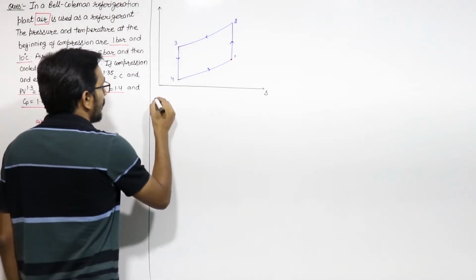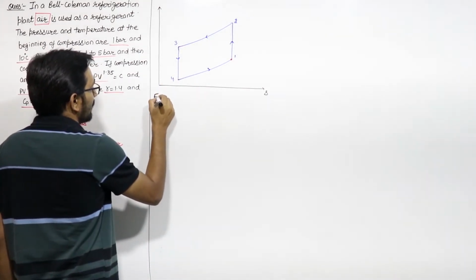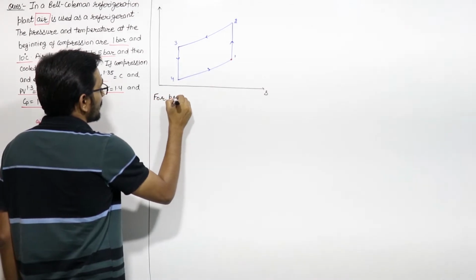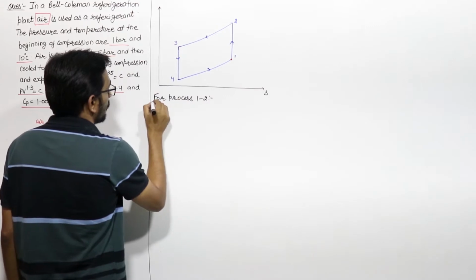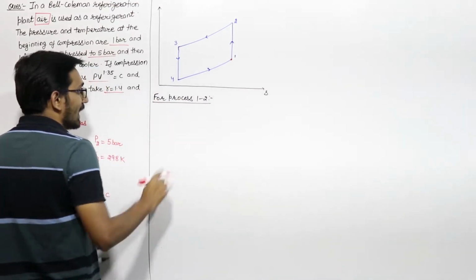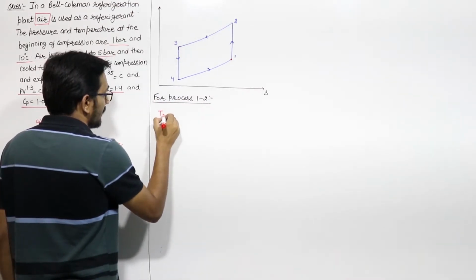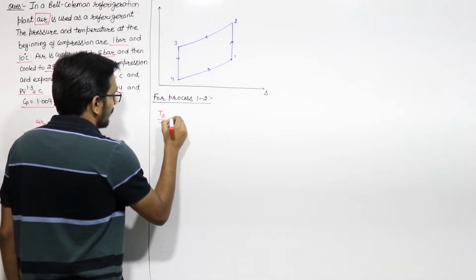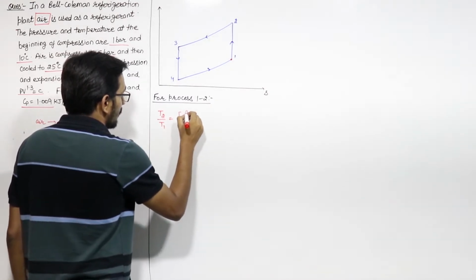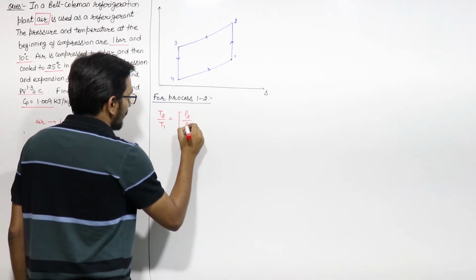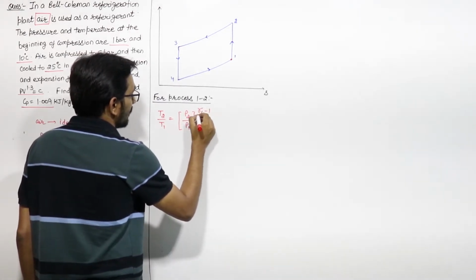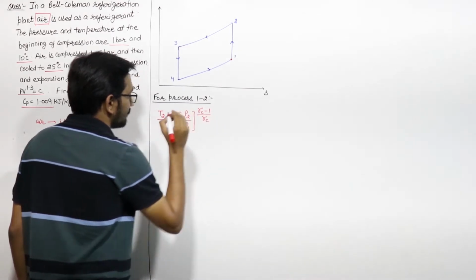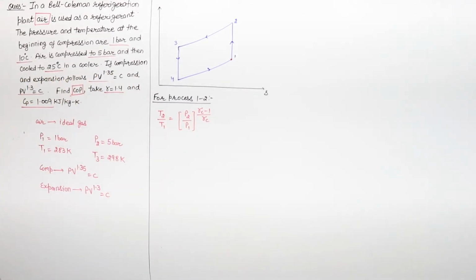So for process 1 to 2, you can write the equation T2 by T1 is equal to P2 by P1 raised to power (gamma C minus 1) upon gamma C, right?